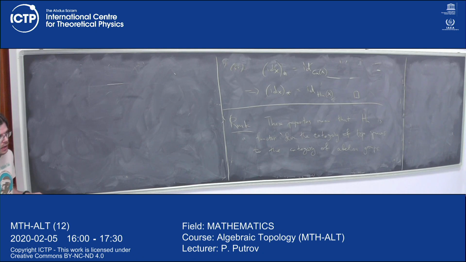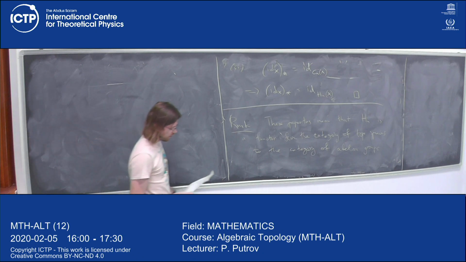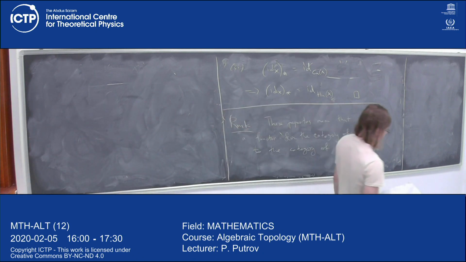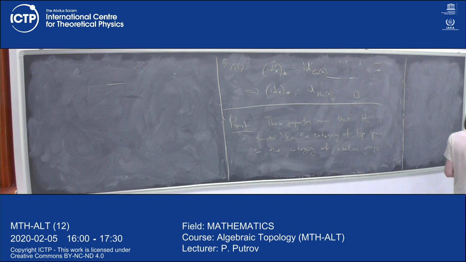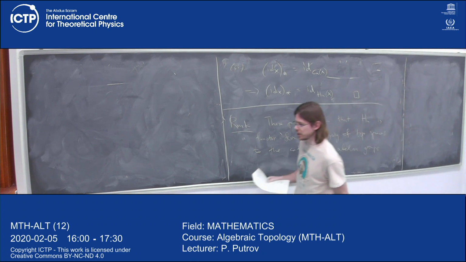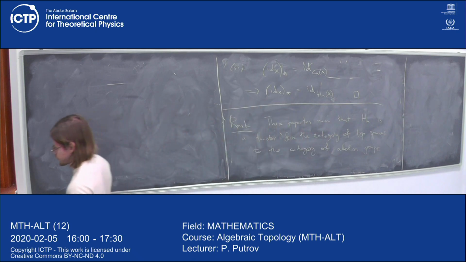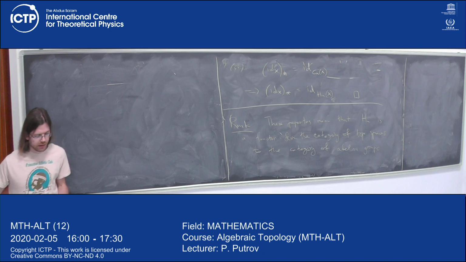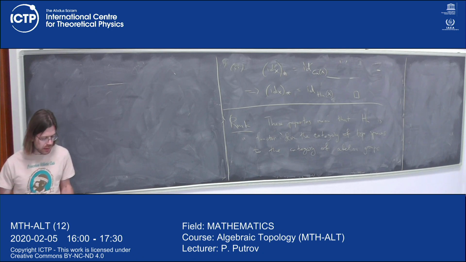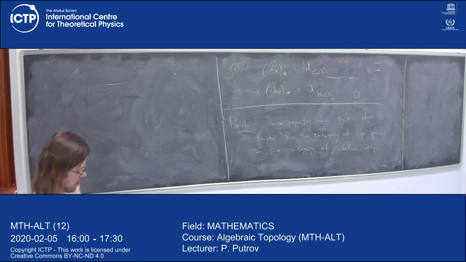For the fundamental group, we learned that for homotopy equivalent spaces the fundamental group is the same. So basically, this allows us to use the fact that if we can find some homotopy equivalence and calculate the fundamental group for one space, we immediately know the answer for the other space.